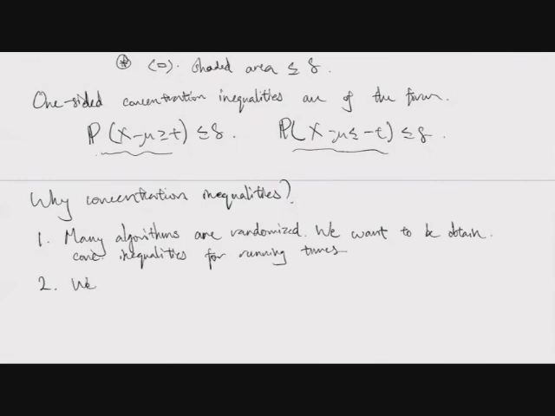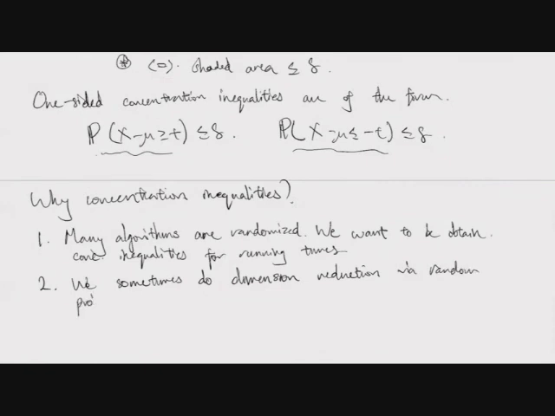Okay, so here's a very specific example of a randomized algorithm, and this is going to be dimension reduction. Dimension reduction is very important in machine learning because of big data. If the dimension is too big, then it's very computationally expensive to work with the data. So we want to do dimension reduction, and one big idea is to use random projections.